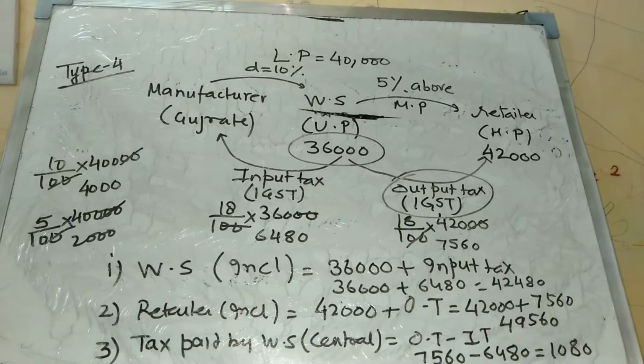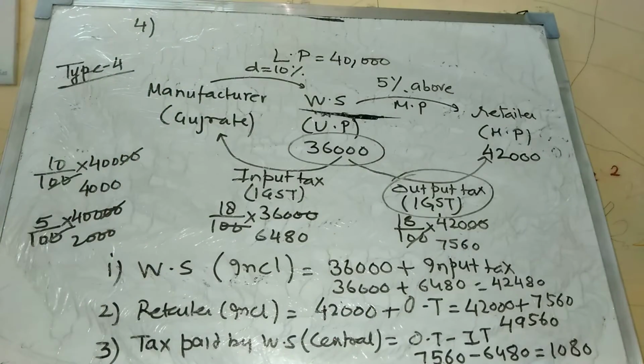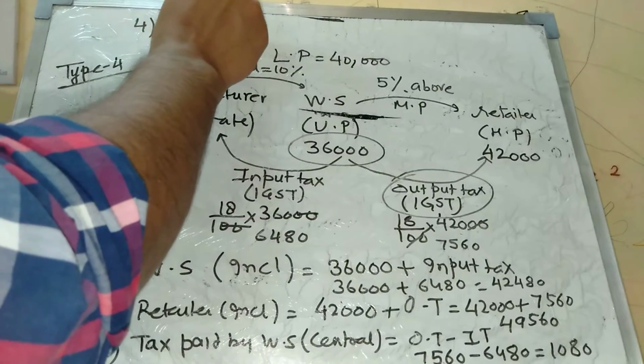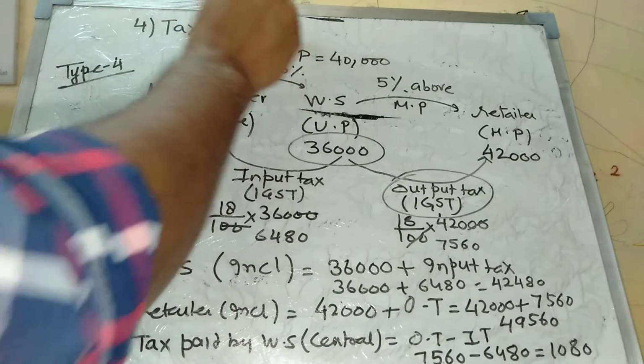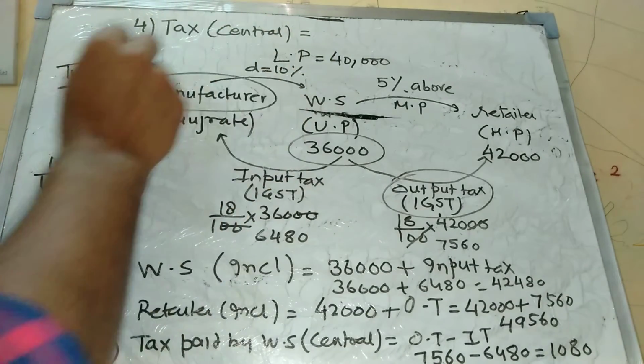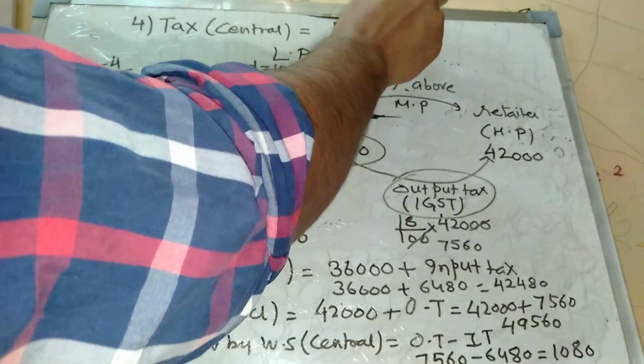And in the fourth part, I am writing at the top, tax received by the central government. Total tax received by the central government. Only two persons will pay tax: first is the manufacturer, second is the wholesaler.